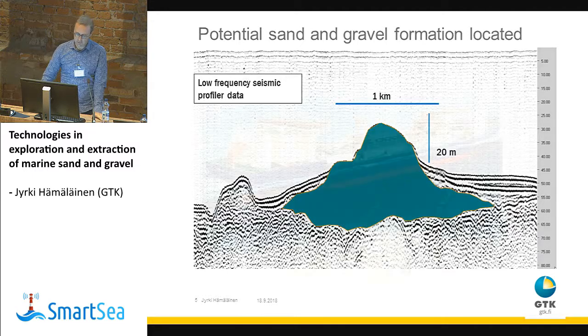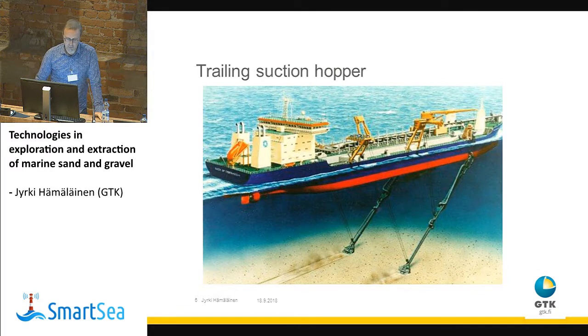We usually use a suction hopper. This one is a trailing suction hopper, which means that it is moving. It circulates over the deposit, and these suction heads are in the bottom.